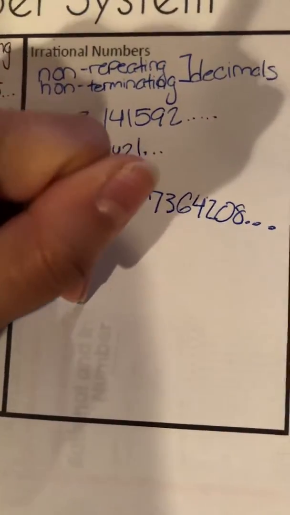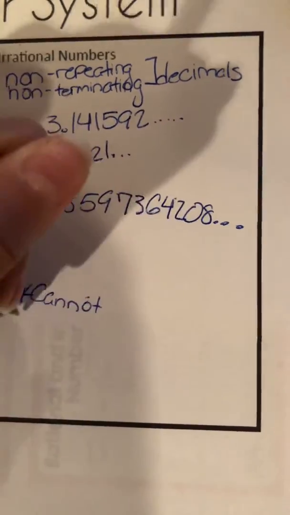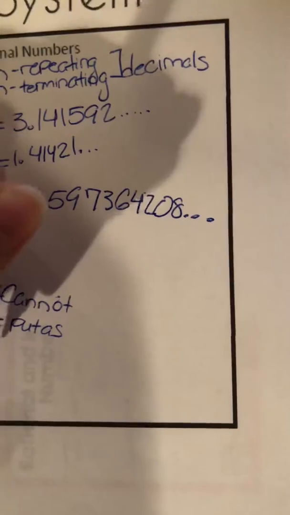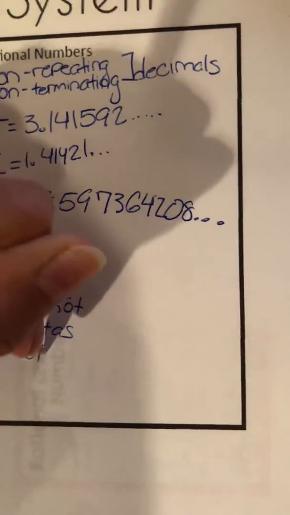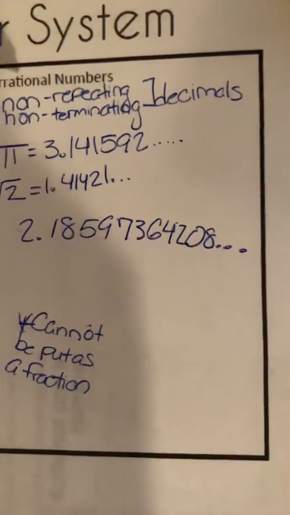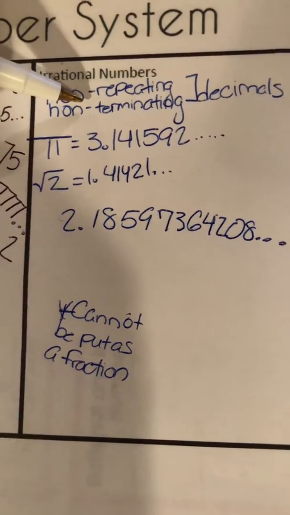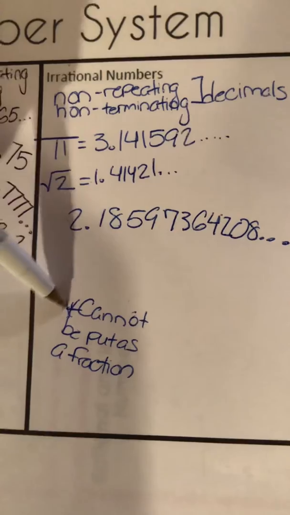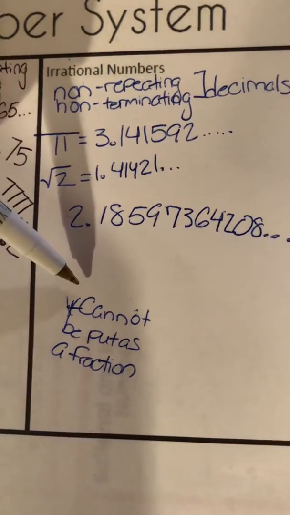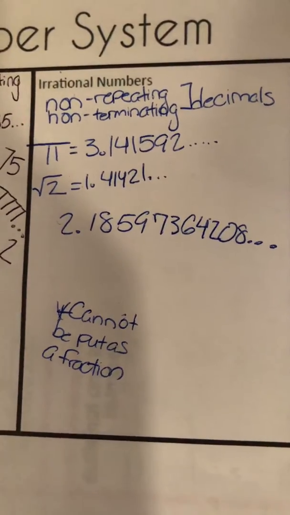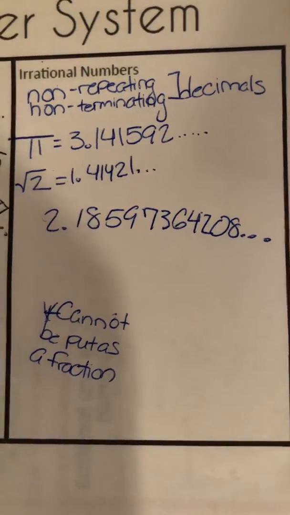They cannot be put as a fraction. So they don't repeat, they don't stop, they continue on forever, and they cannot be put as a fraction. These are 3 of the many examples of irrational numbers that you can see.